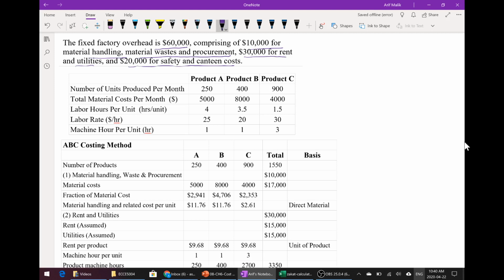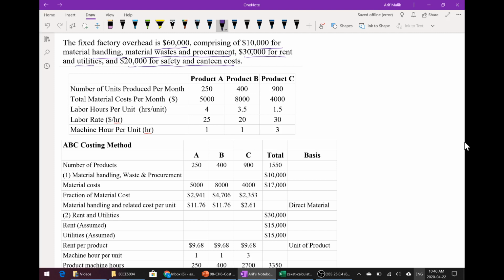The labor hours per unit is 4 hours for making product A, 3.5 hours for product B, and 1.5 hours for product C. The labor rate is also given: $25 per hour for product A, $20 per hour for product B, and $30 per hour for product C. The machine hours used per unit are also given: 1 hour for product A, 1 hour for product B, and 3 hours for product C.